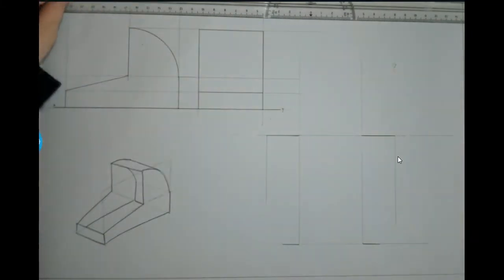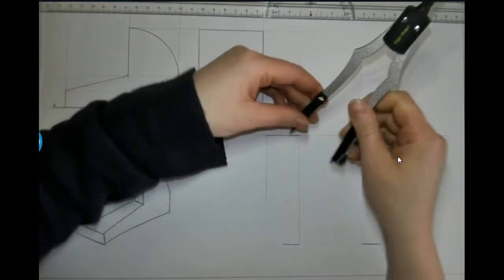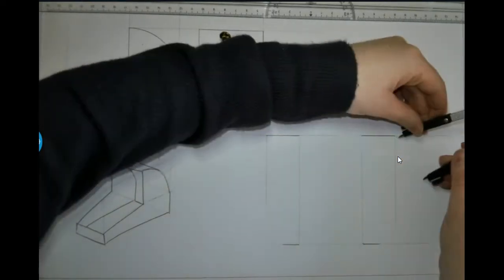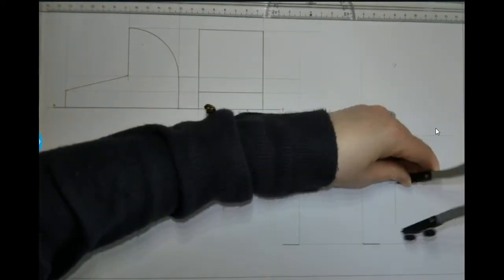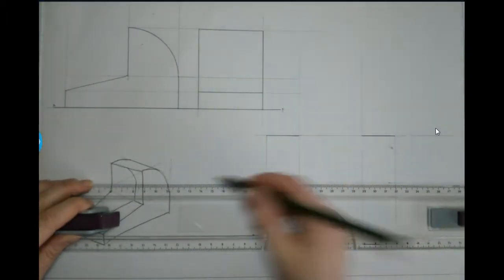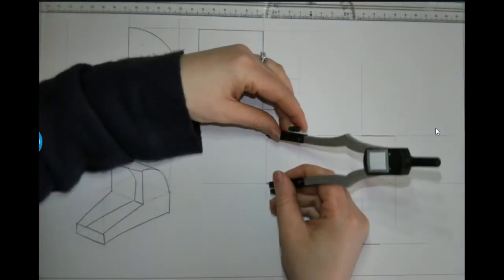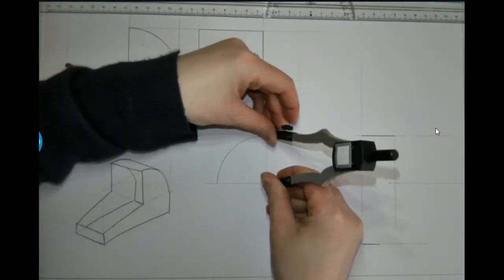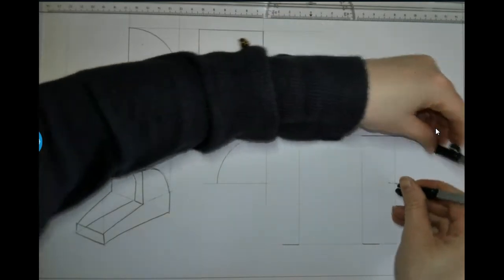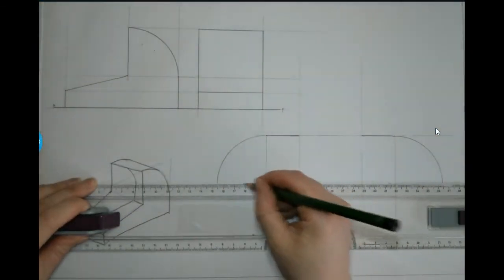I'm going to go up now to my elevation with my compass, and I'm going to get that distance there, and measure in here to get my center point. As you can see, I'm able to draw both at the same time. Now from those 2 points, I'm just going to draw 2 horizontal lines because it's going to help me know when to stop. Fabulous, exactly giving us that.